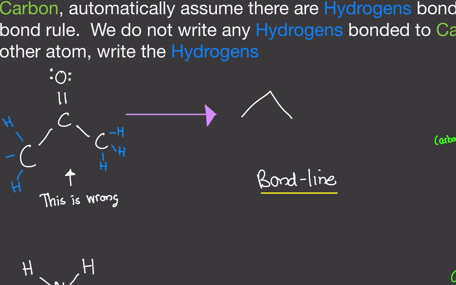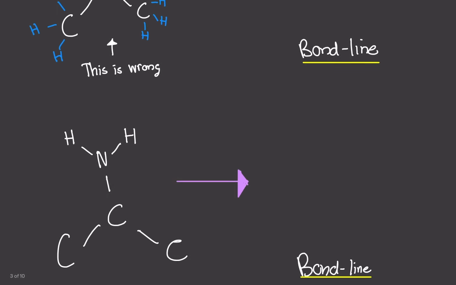But now we have to include the oxygen. So all you have to do is draw the double bond and have the oxygen with the electrons. And that is the bond line structure. We do not include the hydrogens that are bonded to carbon. They're unimportant. They're a waste of time to draw, so we just don't draw them.